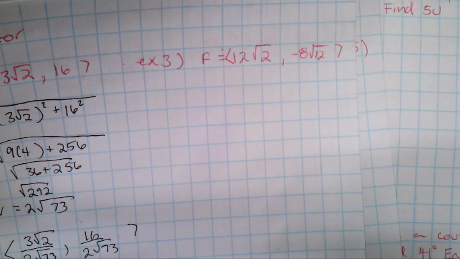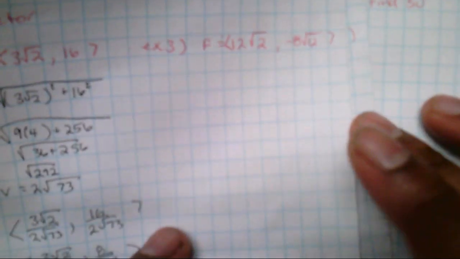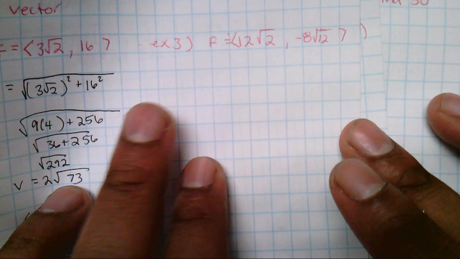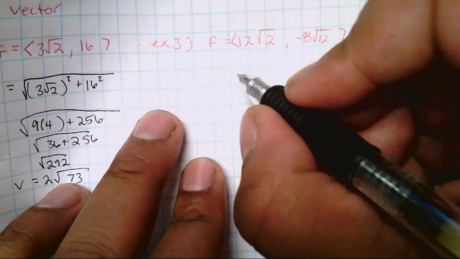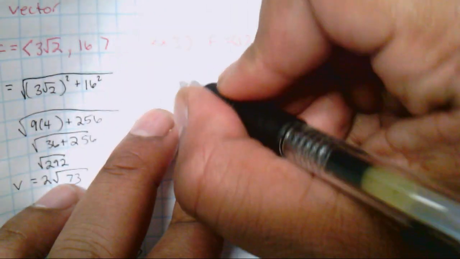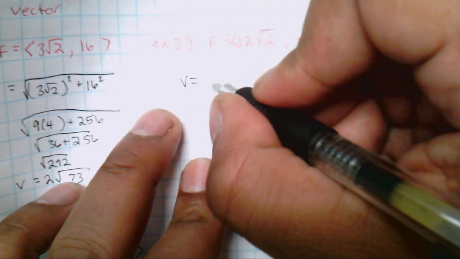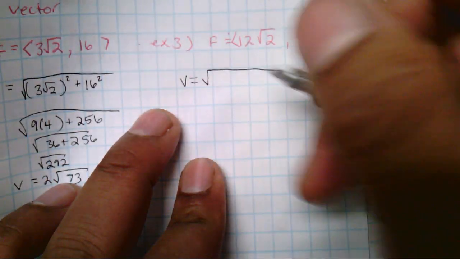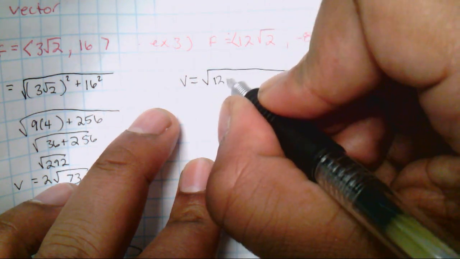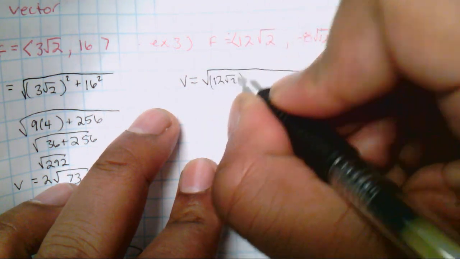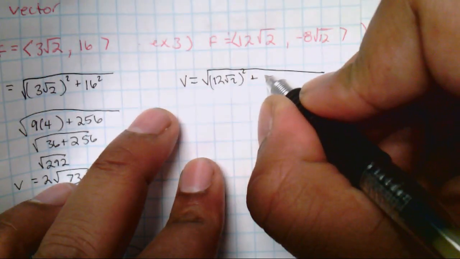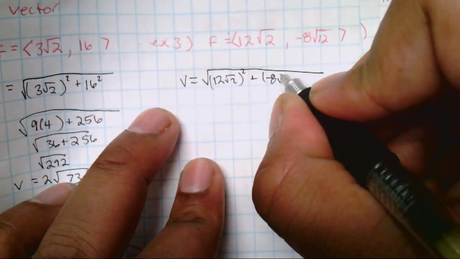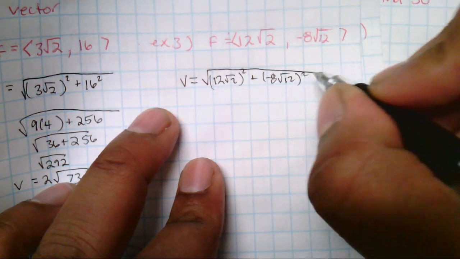Alright, and let's get one more example just to kind of get used to the process. So right here we have 12 square root 2 and -8 square root 12. So we'll go ahead and find the vector magnitude, and that is going to be 12 square root 2 squared plus -8 square root 12 squared.